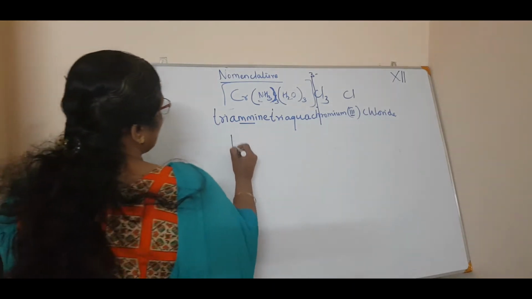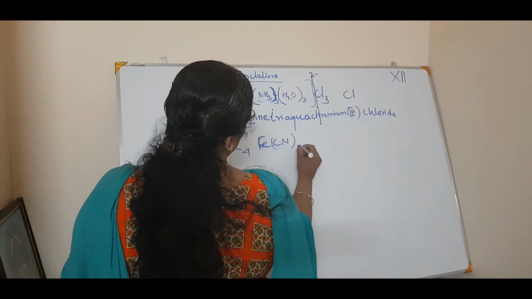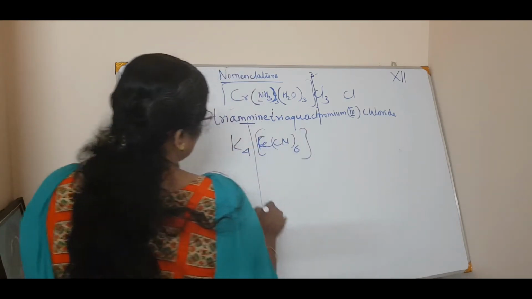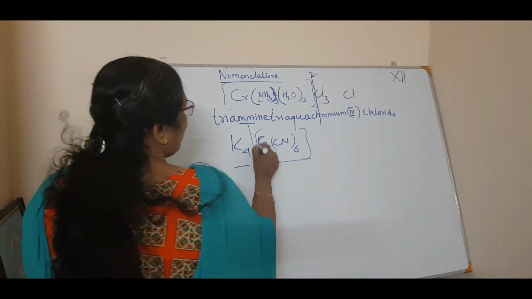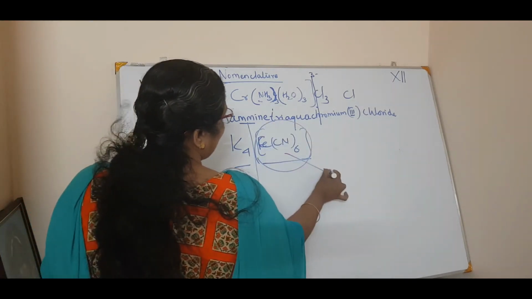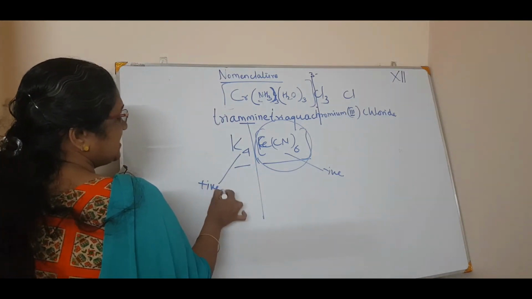For example, see K4[Fe(CN)6]. In this, there are two things: this is positive and this is negative. The coordination entity is negative in this case, and the potassium is the positive entity.